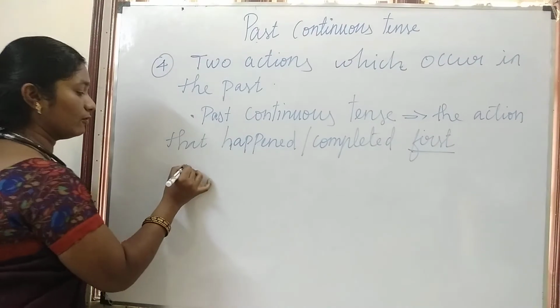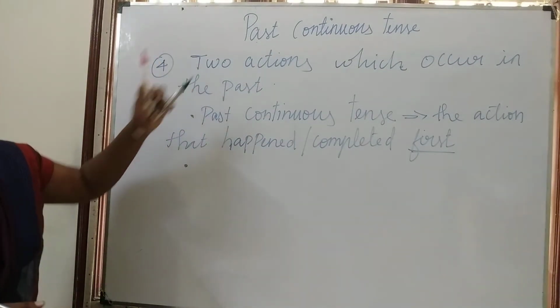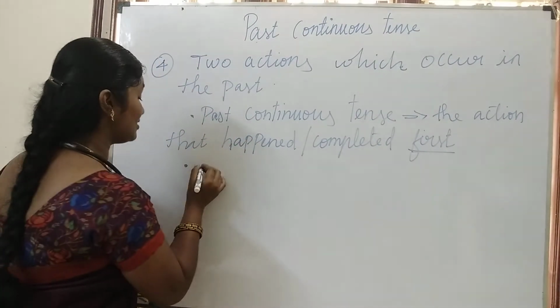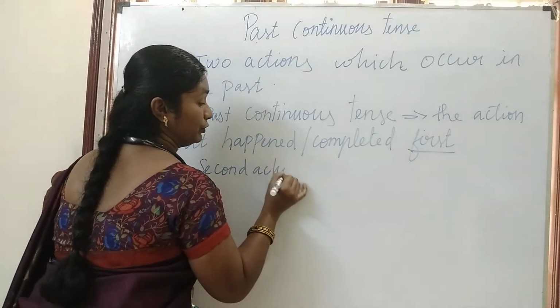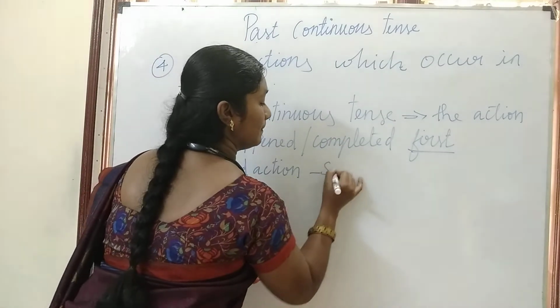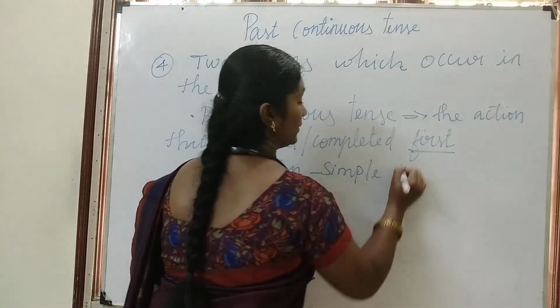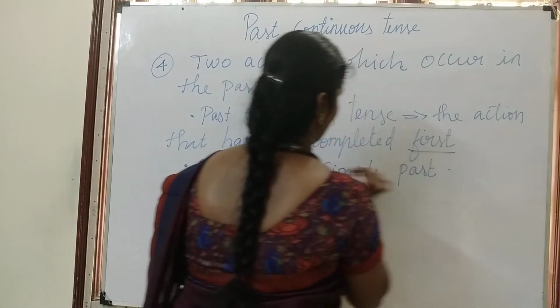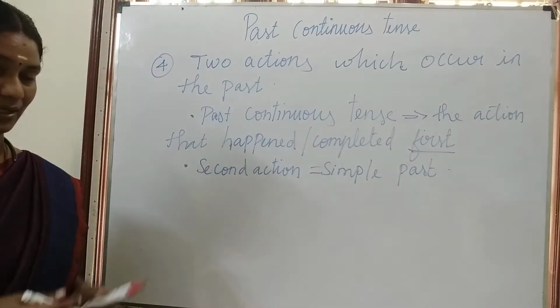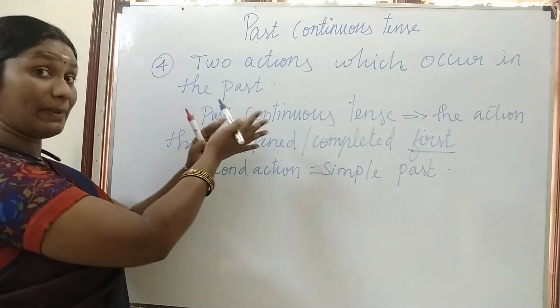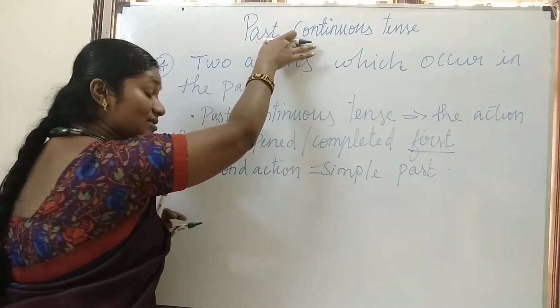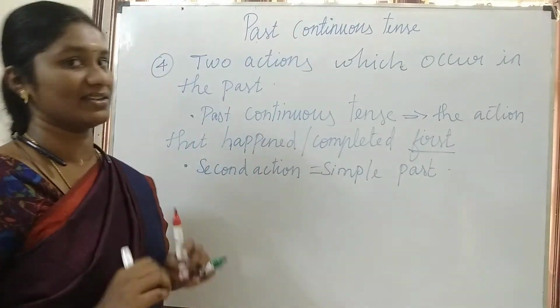And what about the second action? To point out the second action, we have to use simple past verb. Only this thing we have to keep in mind. If two actions happen simultaneously in the past, we use past continuous tense for both.